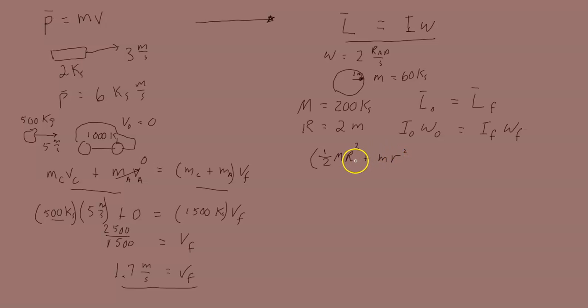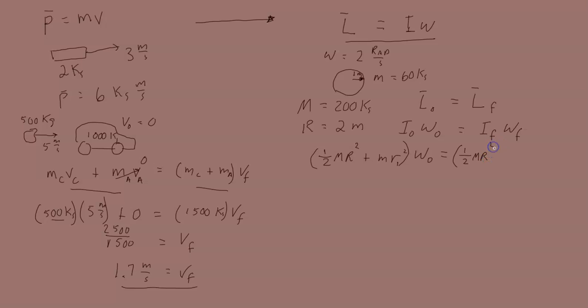And we'll call this R1 times omega, which in this case is 2 radians per second, the initial omega. Afterwards, the person climbs to the middle, which is going to be 1/2 mr squared.